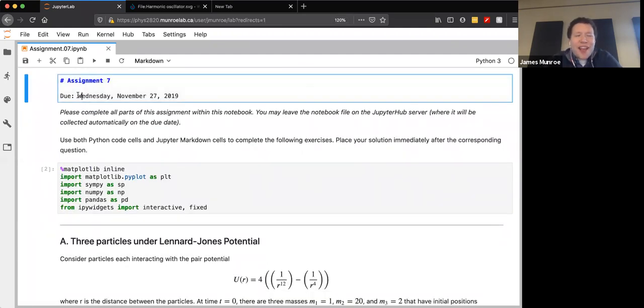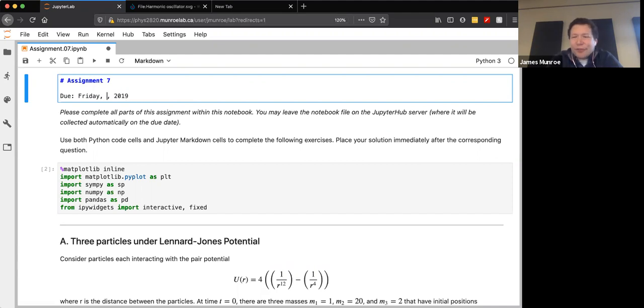The question is, when's the actual due date? It's due then, let's say, okay, fine. Do you need more time? If you're done, you're done. But I don't want anyone to not complete this question.